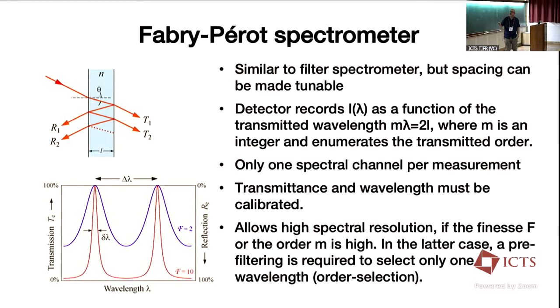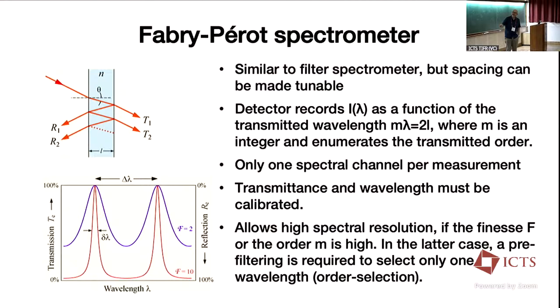You can compute here the interference between the different reflections and beams of the two mirrors, which normally have high reflectance, and the transmission curve you get at the end of summing all these is that one.